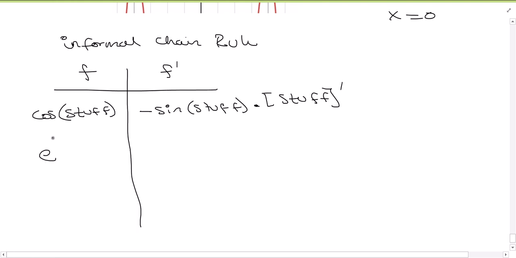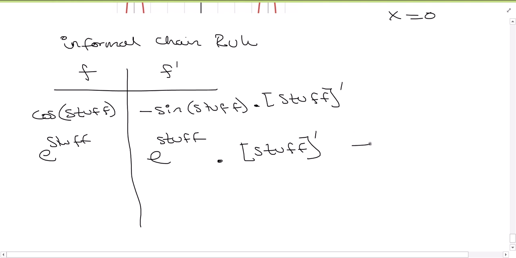So e to the stuff, with exponentials, with e, you always get the exponential back. So it will be e to the stuff, and then by chain rule times the derivative of the stuff. So this is what the chain rule is doing, right? So my example, oops, I meant to do an example, not e to the x.